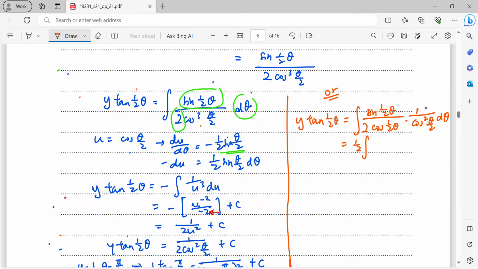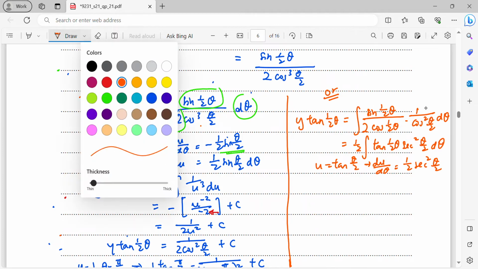Integrate half. This is tangent half theta, and then 1 over cos squared is secant squared. Then from here you can use u equals to tangent half theta. That means your du over d theta is going to be half secant square half theta.